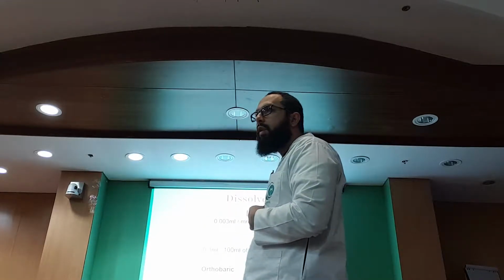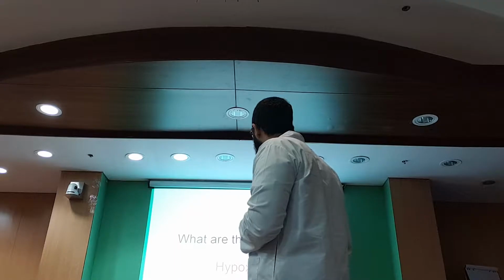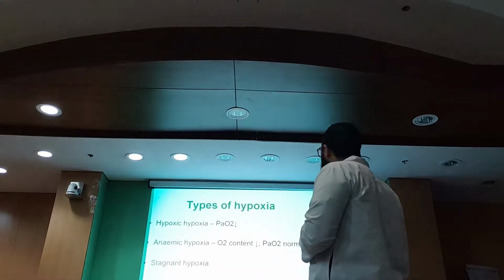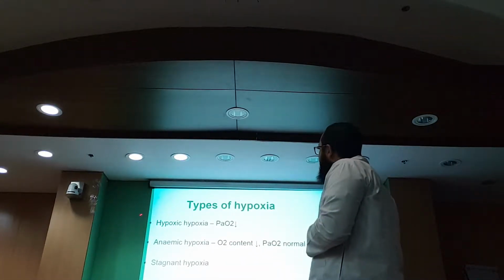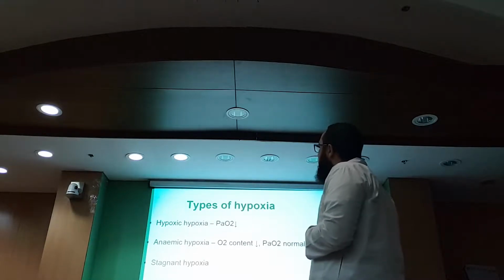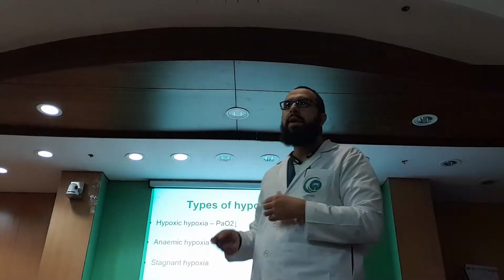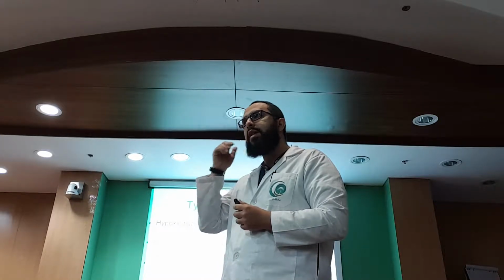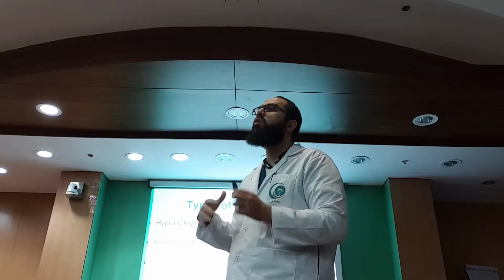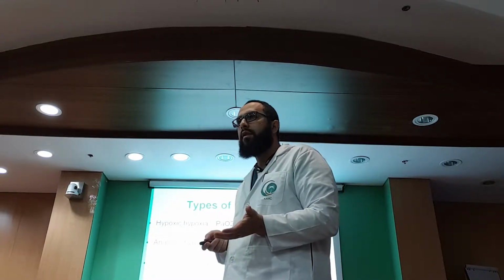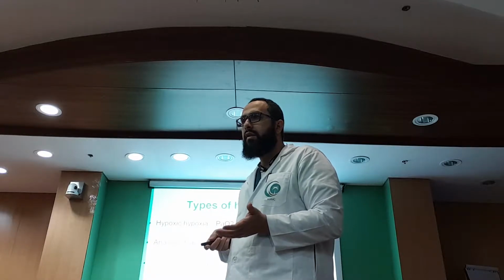By 1.8. Okay? So there are types of hypoxia. If your problem only is that you have low oxygen, so the patient is inhaling some air that has low oxygen, let's say he is suffocated or he's not breathing, he's not taking enough oxygen, so how to treat this patient?